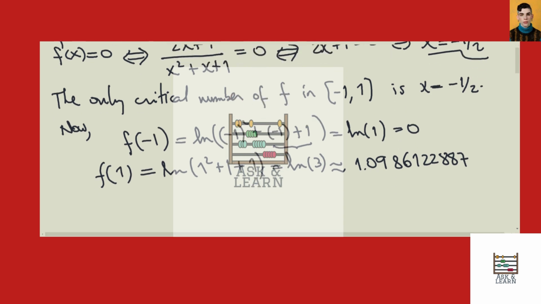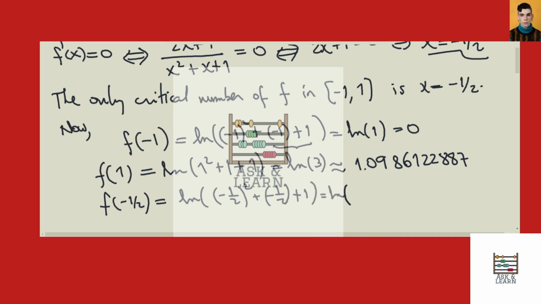And finally, f at the critical number -1/2 is natural logarithm of (-1/2) squared plus -1/2 plus 1.